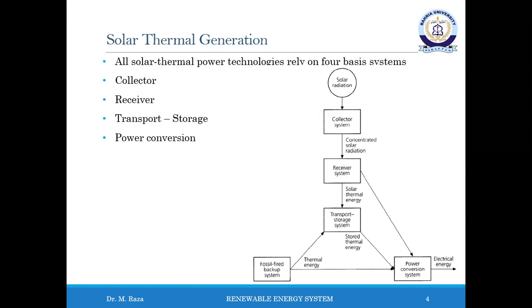A solar energy collector is a device designed to absorb solar radiation and convert it to another form, usually heat or electricity. The concentrated energy is then received on the energy receiver system. There it is directly converted into electrical energy in some method, or it is stored first and then transmitted toward the power conversion system.